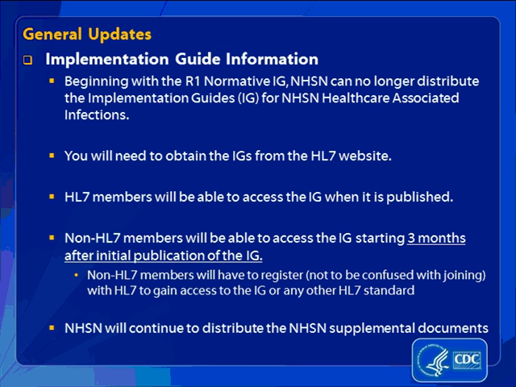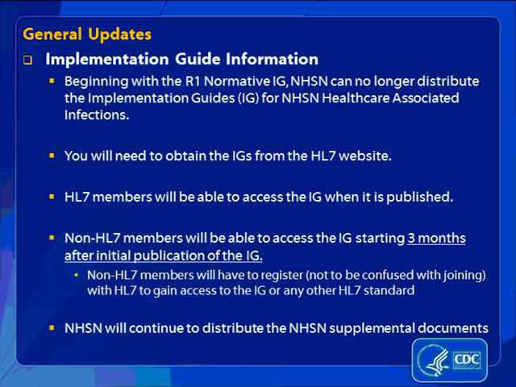Some more general updates. This is referring to our implementation guide information and the HL7 rules. Beginning with the R1 normative IG, NHSN can no longer distribute the implementation guides for the NHSN HAIs. You'll need to obtain the IGs from the HL7 website. HL7 members will be able to access the IG when it's published.